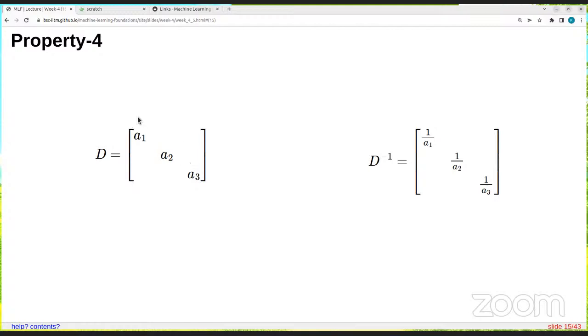If you have three elements, how many operations do you have to do to get the inverse? 3. Yeah, so it's just linear in the number of rows of the matrix. If I have an n by n matrix, assuming that I have already taken the matrix as input, then you just need to find the reciprocal of n numbers. So computing the inverse is therefore just linear in the number of diagonal elements.